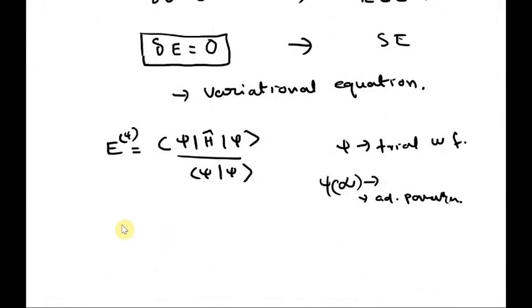You will get to know the picture in much more detail when we are solving problems. But before that, we have to show that delta E equal to 0 actually gives you the Schrodinger equation. So what we have to do next is find this quantity delta E equal to 0 that corresponds to the Schrodinger equation.